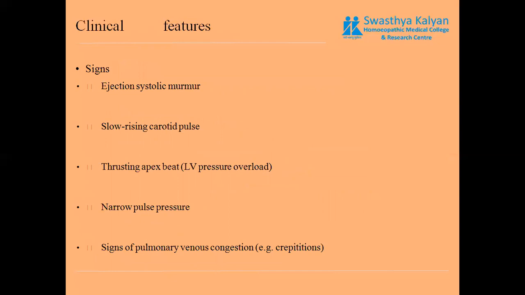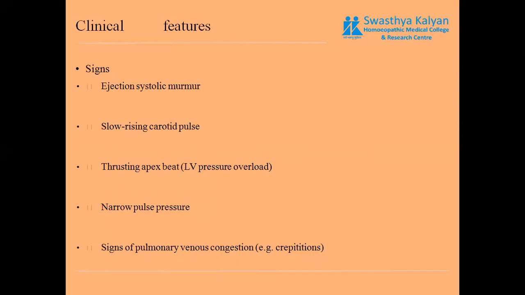Now the clinical signs: we have an ejection systolic murmur. When systole occurs in the left ventricle, that leads to ejection of blood into the aorta. But as the valve is not opening completely, it leads to a murmuring sound. Slow rising carotid pulse. Why is it slow rising?